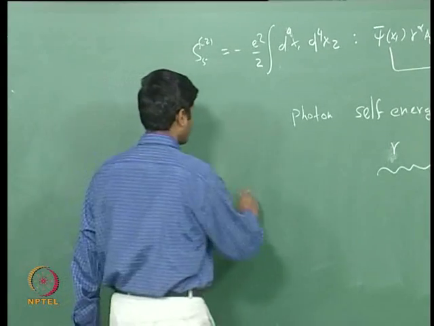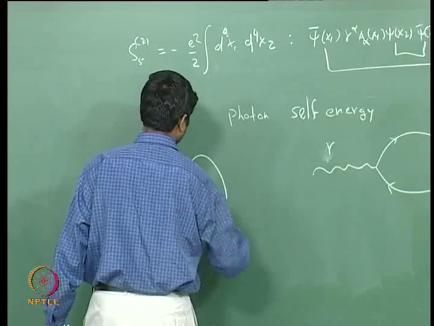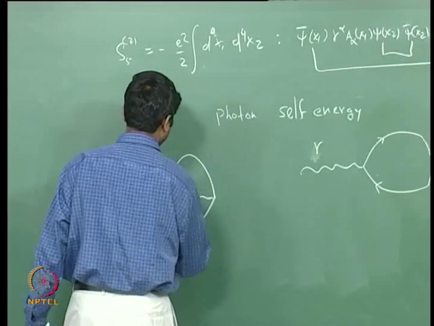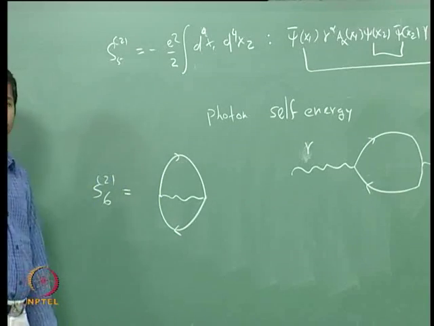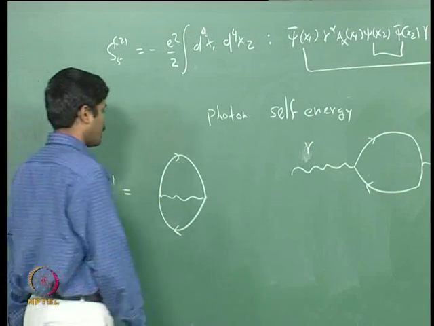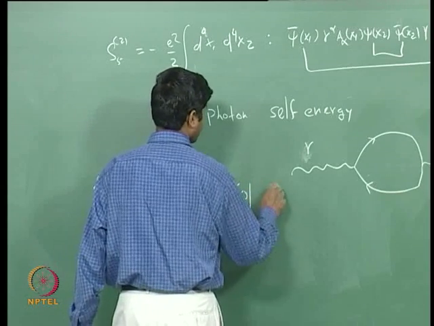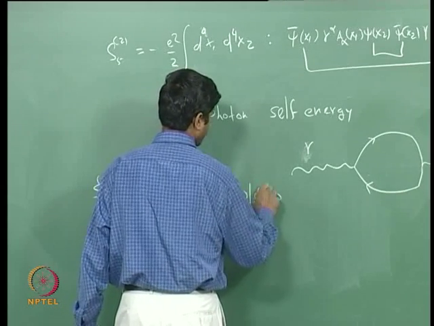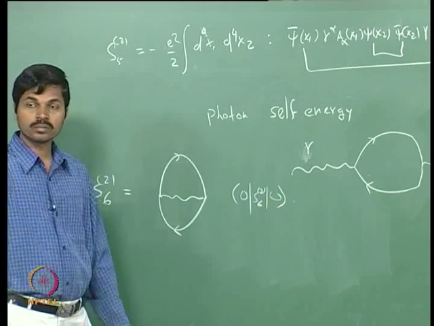It will just represent a term like this. So all these are contracted, and this is the corresponding Feynman diagram. It will only give a non-zero contribution for this term.